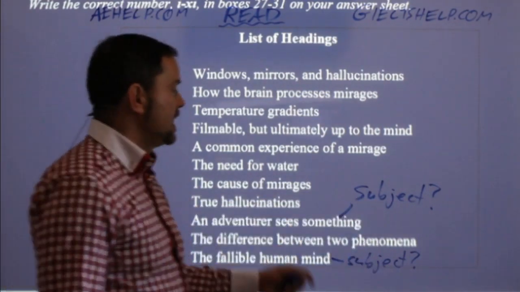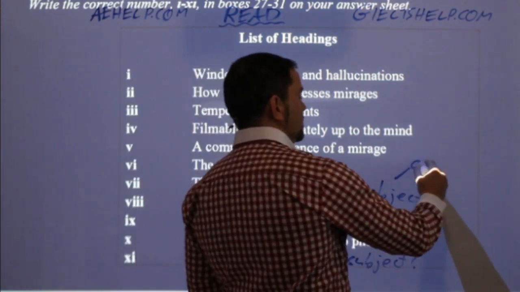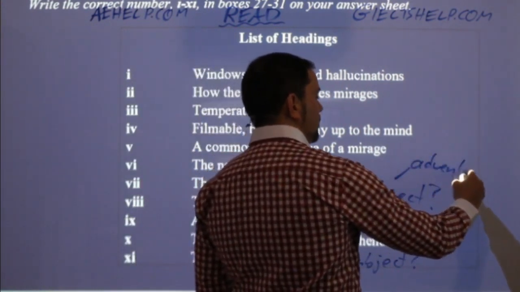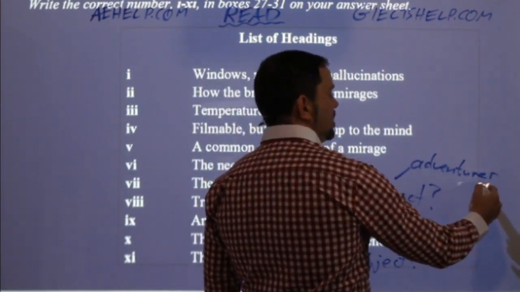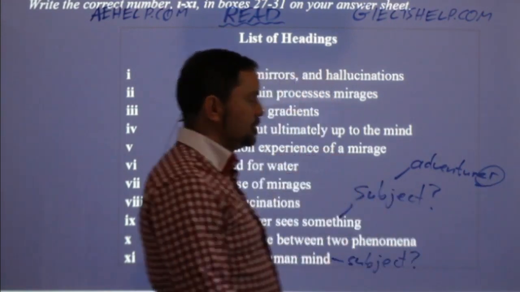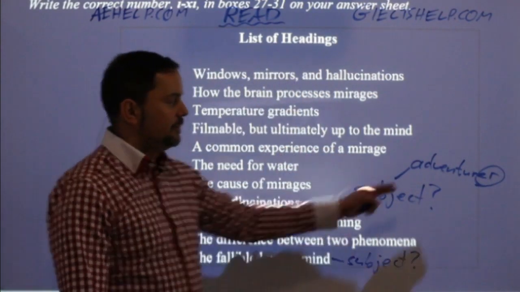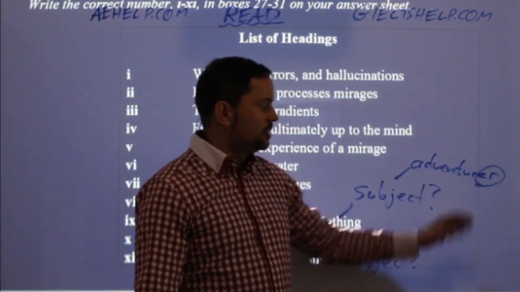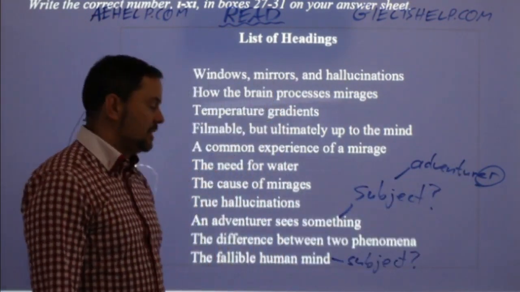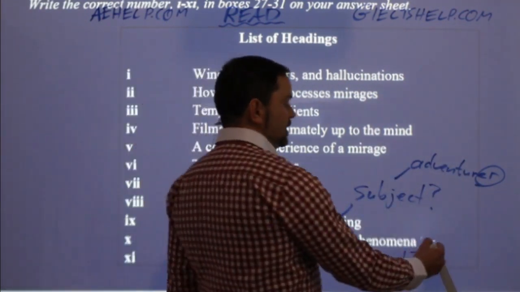So Ferdov says the subject in number 9 is adventurer. Okay, because you have the ER, it means it's a person on an adventure, right? So adventurer means a person on an adventure. And then Ferdov says in this one, the subject is the mind.